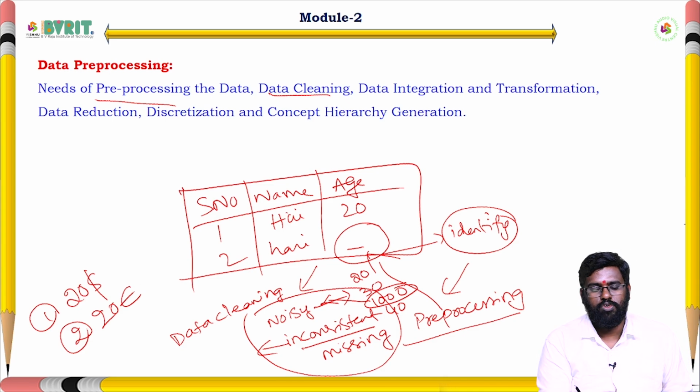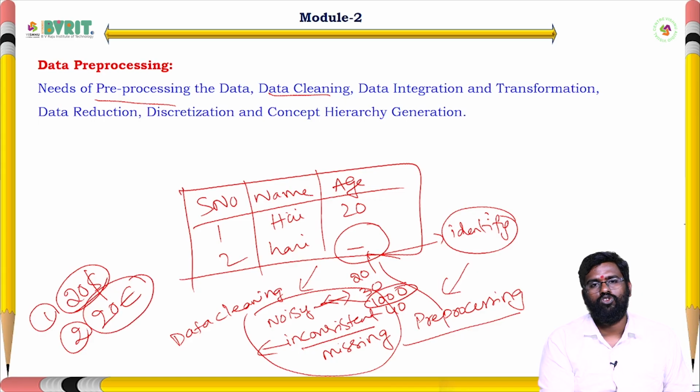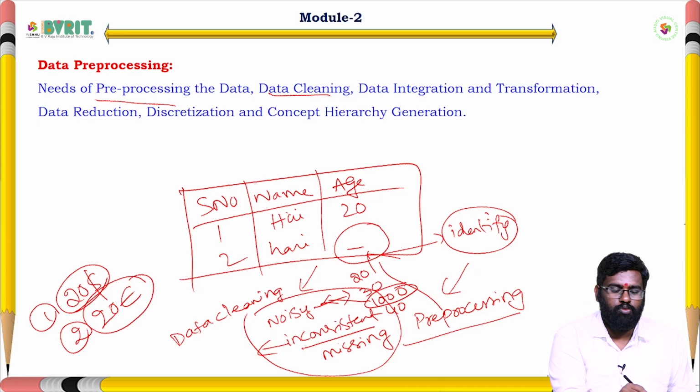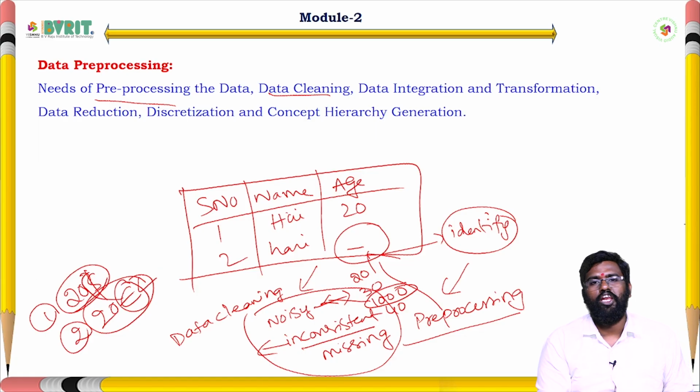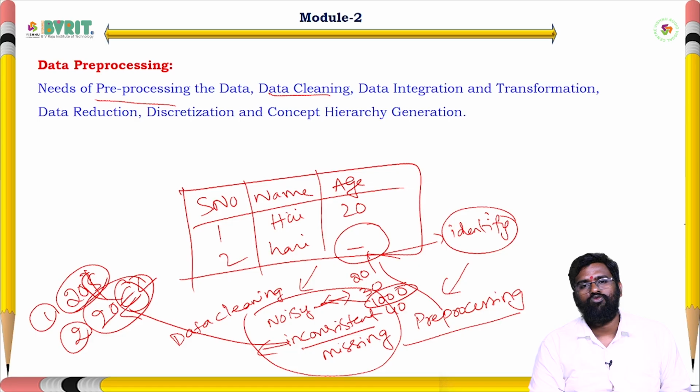So, inconsistent means the first row is in one format, the second row is in another format. If we have to store the data in the data warehouse, maybe dollars will be converted into euros, or euros will be converted into dollars. Any one unique format you need to follow and store the data. This type of thing is called inconsistent format.